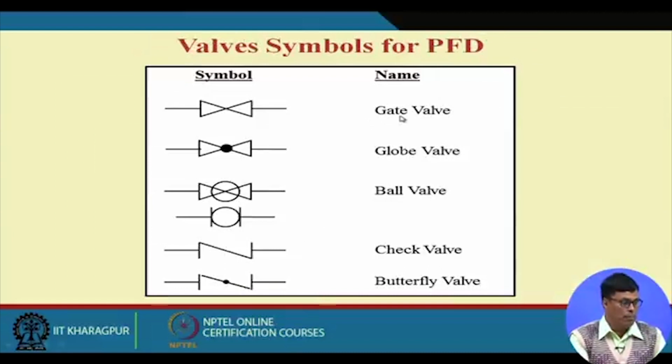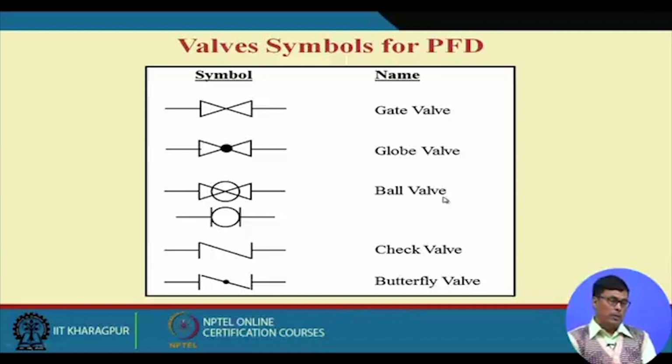And different valves, which are very much required for the operation of the industry: gate valve, globe valve, ball valve, check valve, butterfly valve. But I want to point out here, I shall show you exactly how the ball valve looks. The ball valve is largely used in the biochemical industry to draw samples.